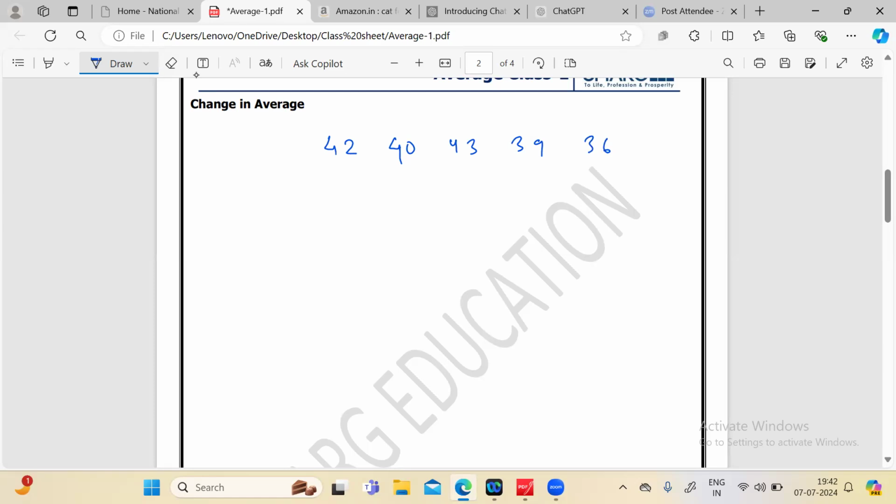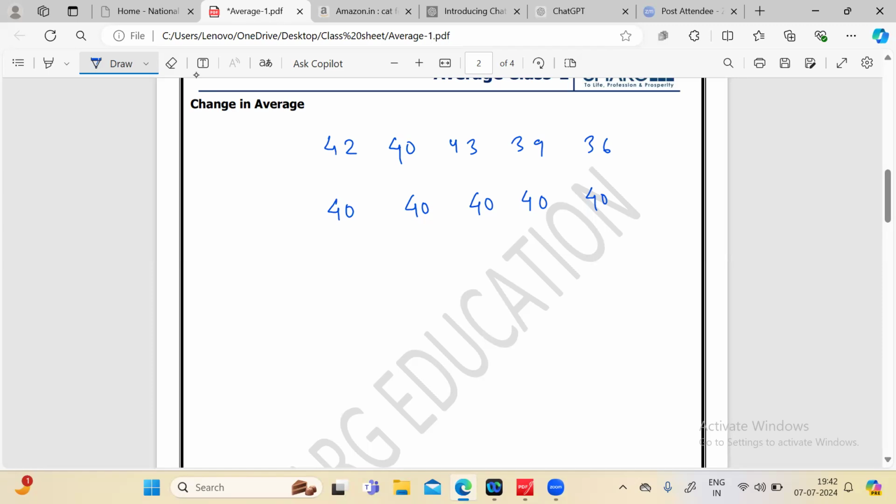So these are the 5 numbers, and the average of these numbers is 40. I told you the average spontaneously because I wrote the numbers in such a way that the total surplus from 40 is equal to the total deficit from 40. So 42 and 43 are 5 more than 40. So 39 and 36 together are 5 less than 40. That's why I wrote that the average is 40 only.